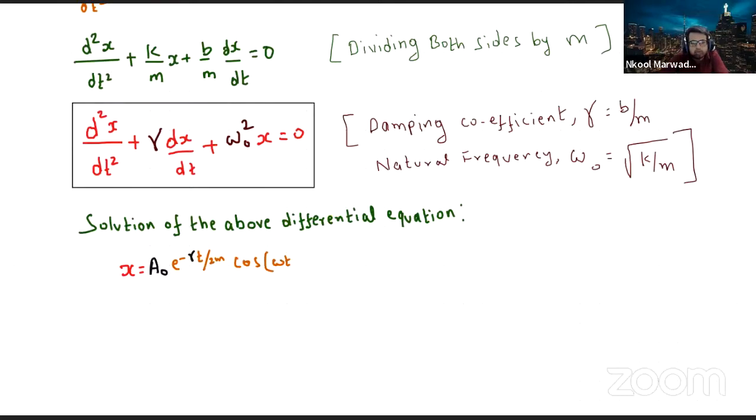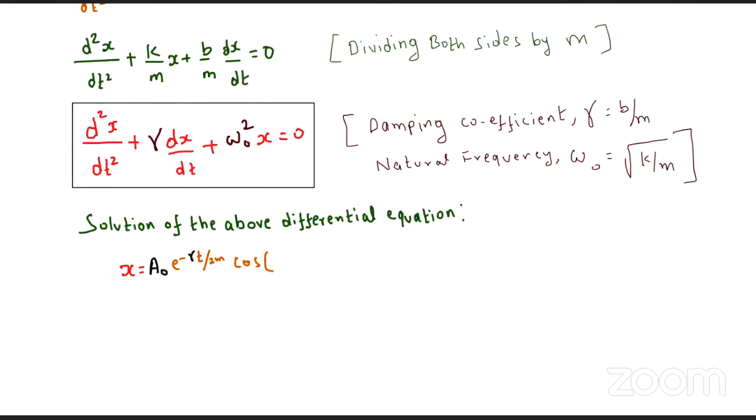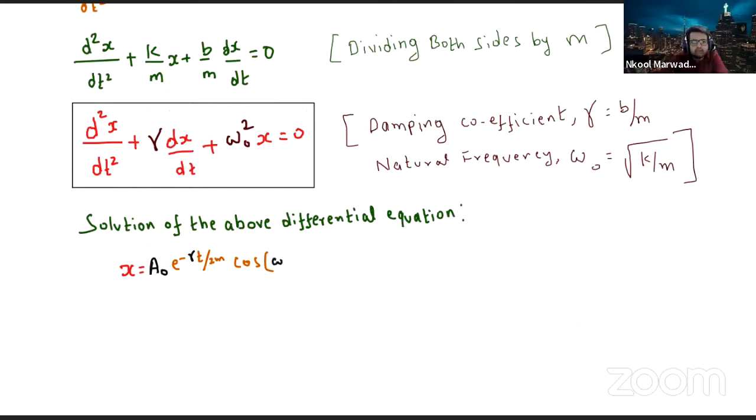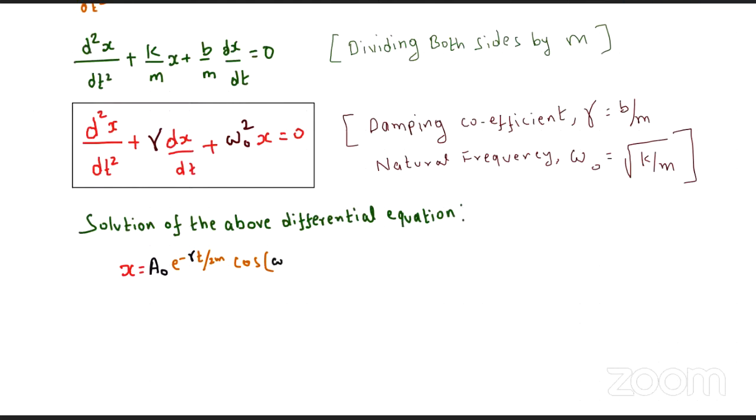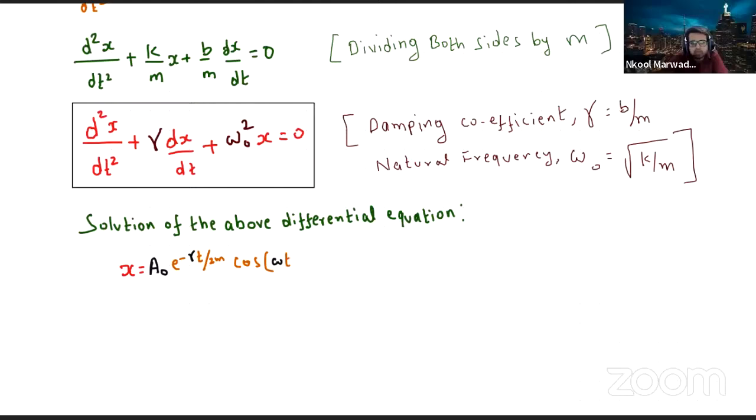Omega I will write because here omega is very important. The angular frequency, it will decide the nature of damping. Omega t plus phi, where phi is the phase constant. And here one very important thing, omega naught square should be greater than the square of damping coefficient over 2m. So for this condition, this is the equation of the displacement.